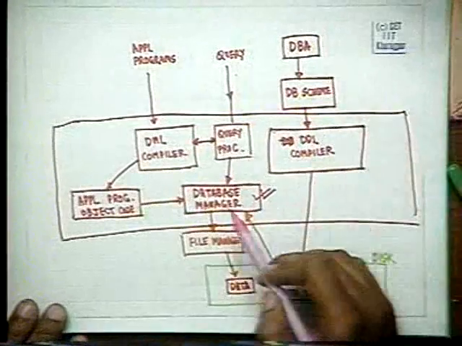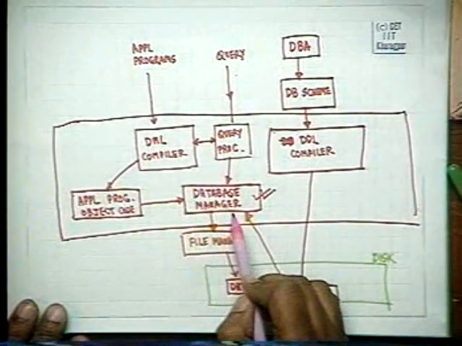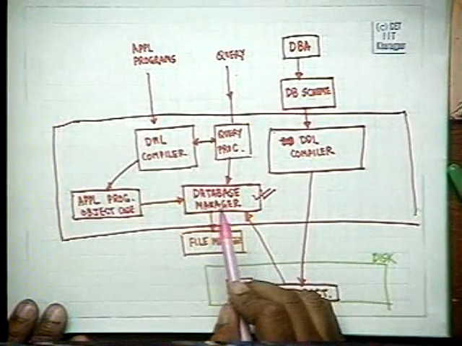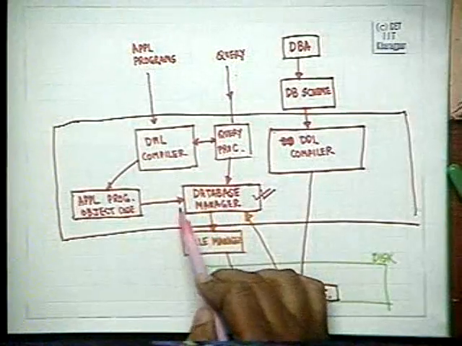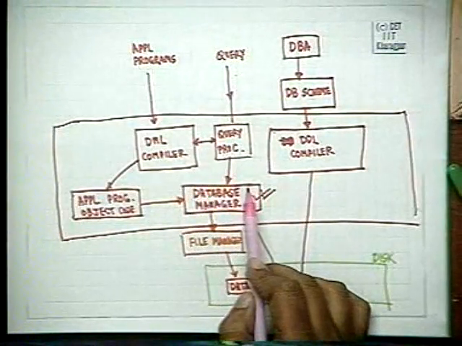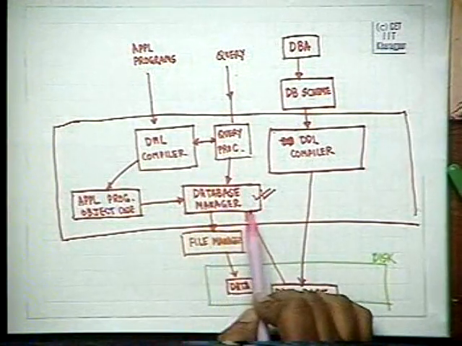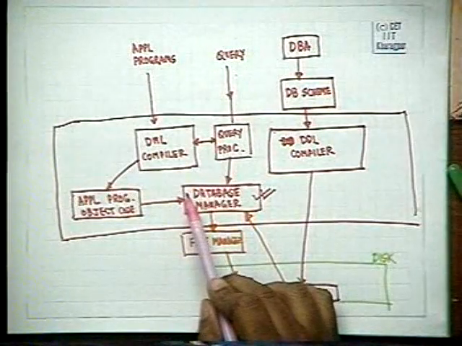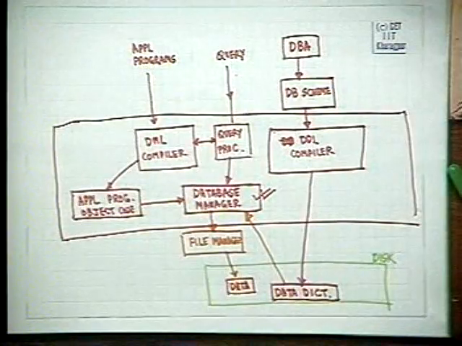Whatever integrity constraints are defined here will have to be checked. Backup and recovery are handled here. Concurrency control is handled here, and many other things which are problems of standard file systems are all controlled by this database manager.